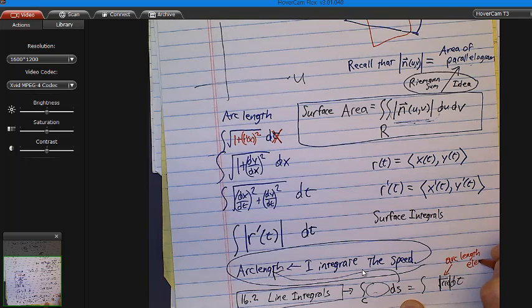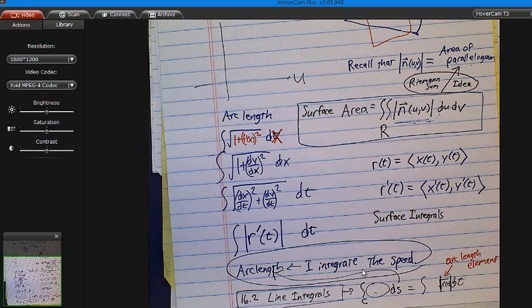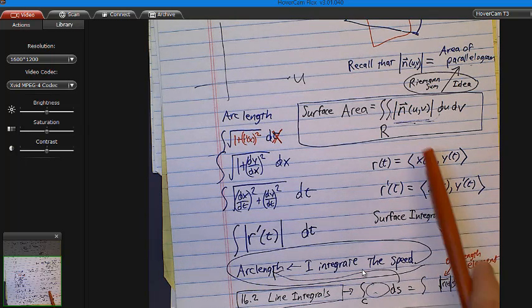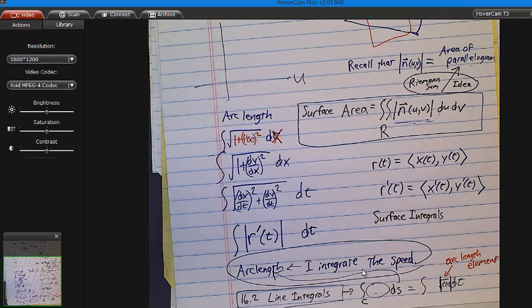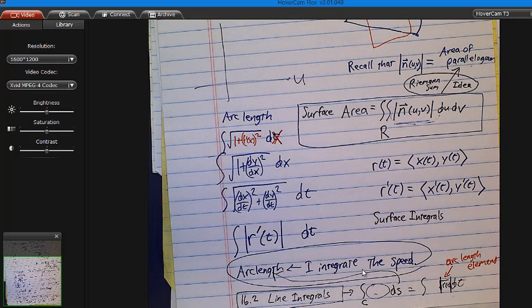That square root of x squared plus y squared shows up when you do line integrals. Well, I guess my point is, what's going to show up when we do surface integrals is this, the absolute value or the length of the normal vector.